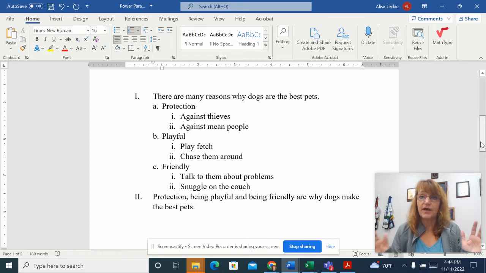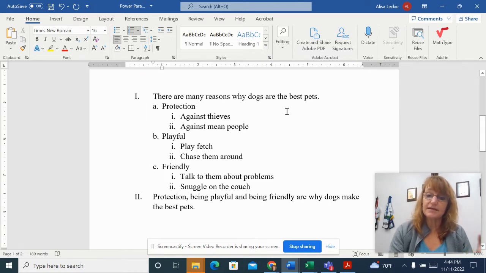So, for example, if I want to make a claim that there are many reasons why dogs are the best pets, I might make my topic sentence full so I'm really clear about my claim. Then there are three reasons, right? They make the best pets because they protect you, they're playful, and they're friendly.